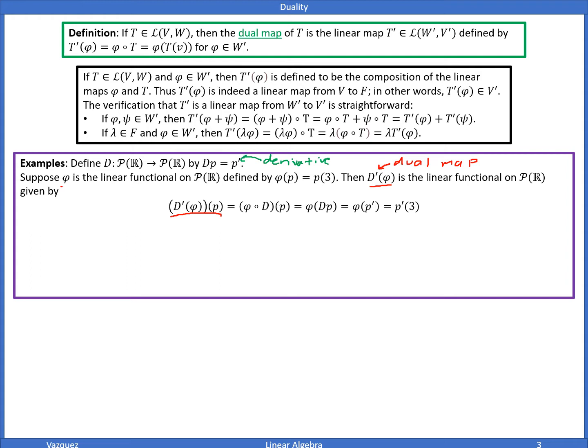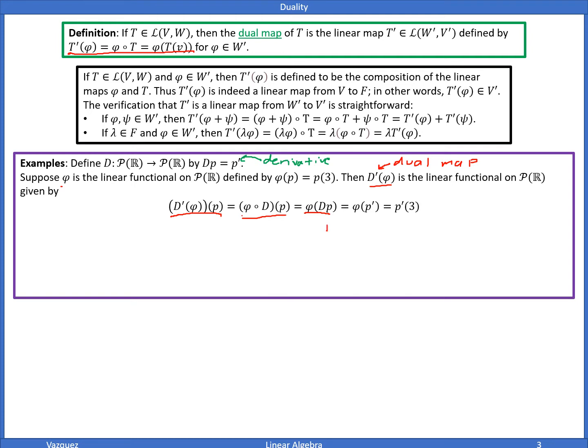And again, a way to rewrite this. So if you look up here in the definition, we're just doing these three expressions. That's just equal to this composition of functions, so it can help us see things easier, which is just equal to phi of Dp.